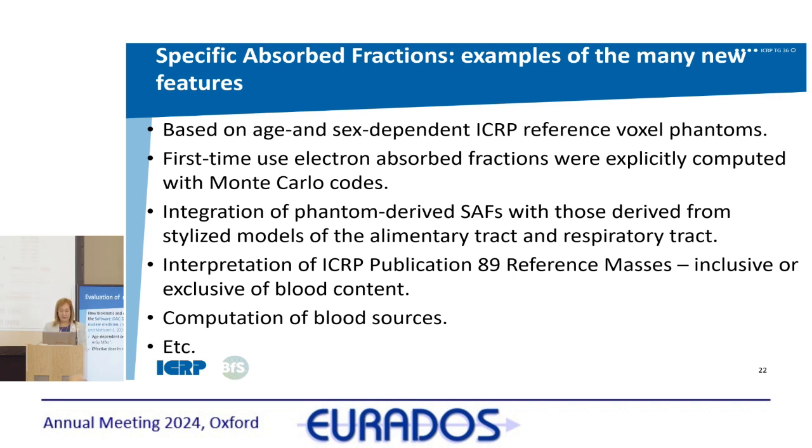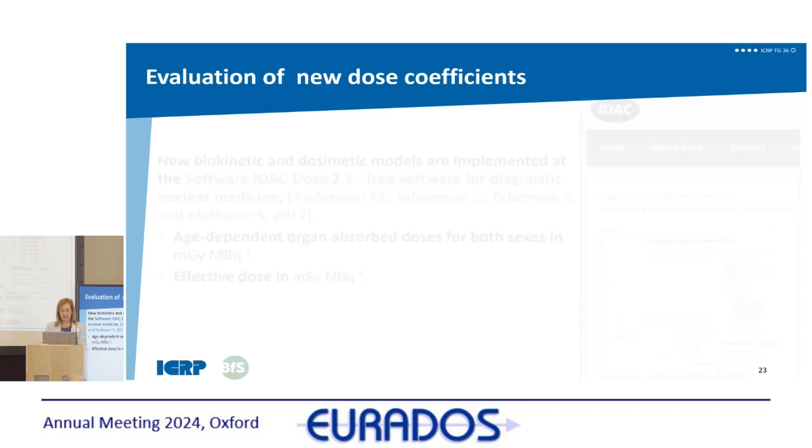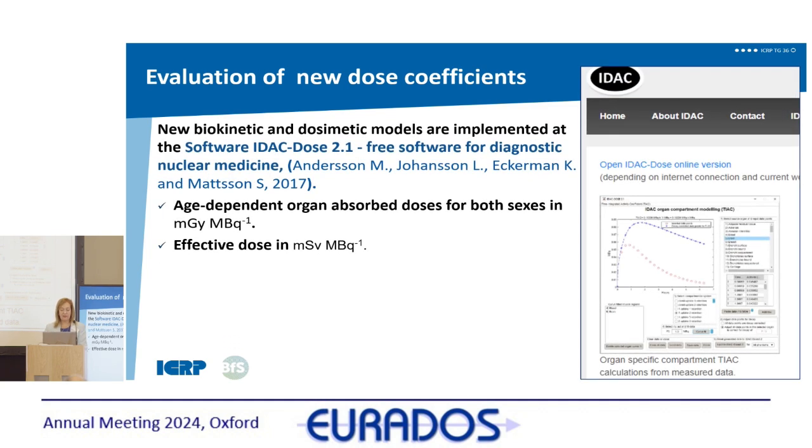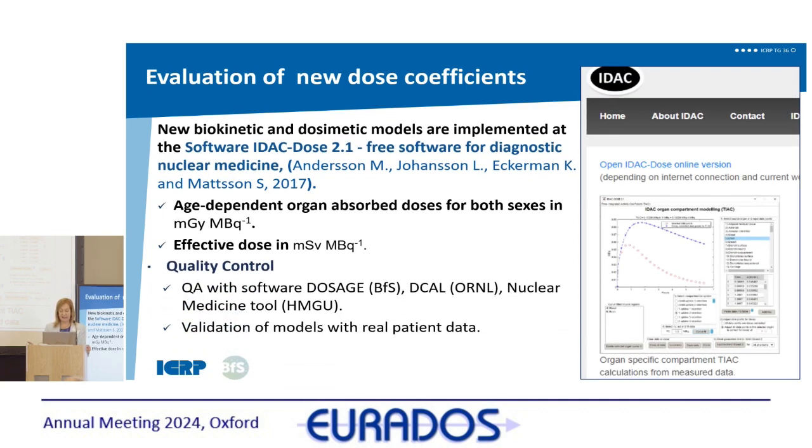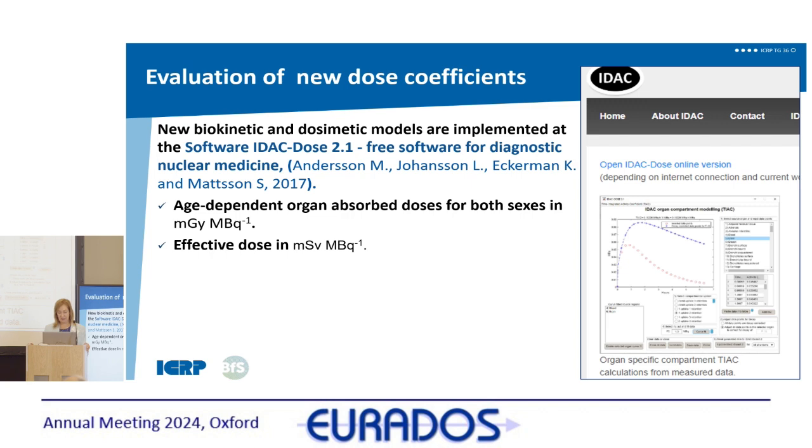So putting all those things together, the new biokinetic and dosimetric models are implemented in the software IDAC, which is a free software for diagnostic nuclear medicine purposes. And organ absorbed doses and effective doses are coming out of it.